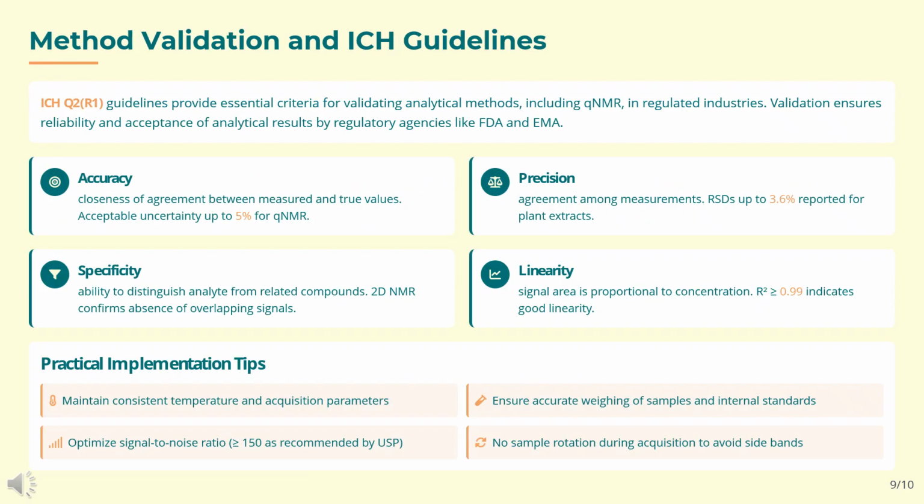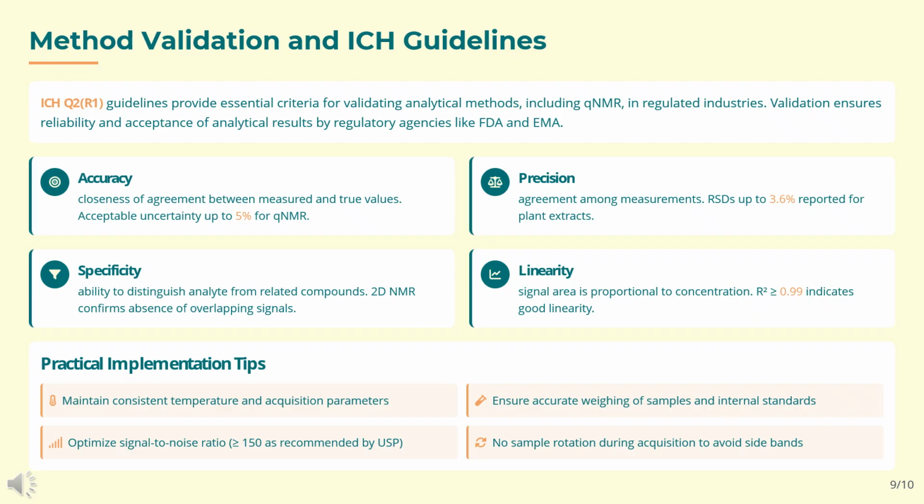Regulated industries follow ICH Q2 guidelines to validate qNMR methods. Validation parameters include accuracy, measured versus true values, with acceptable uncertainty up to 5%. Precision, repeatability among measurements, RSD up to 3.6% for plant extracts.